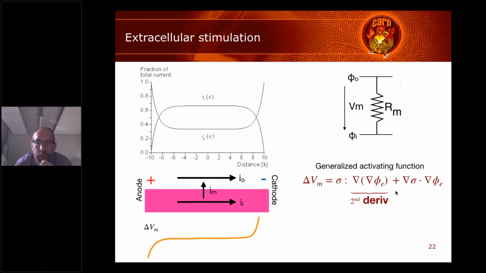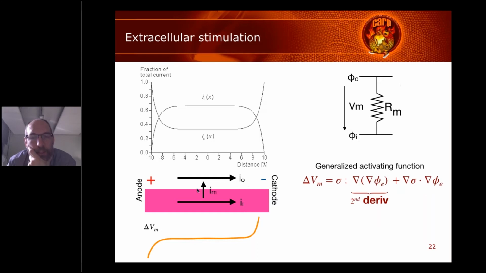And you can actually talk about a generalized activating function. I think I've talked about it before. The important part to know, if we ignore a lot of the other math, is that it's the second derivative of the extracellular potential field which determines how strong the response will be, because this Io term is actually the first derivative.